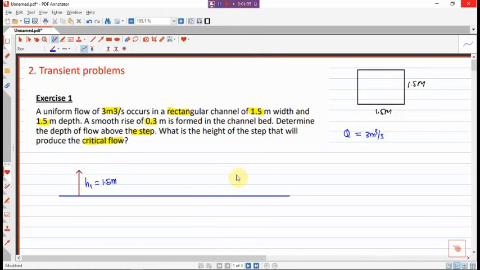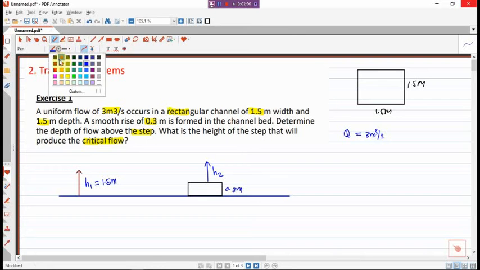The smooth rise is 0.3 meter above the channel bed, so let's assume it comes here. This is 0.3 meter. They are asking to determine the height above the step, so they are asking what this h2 is.